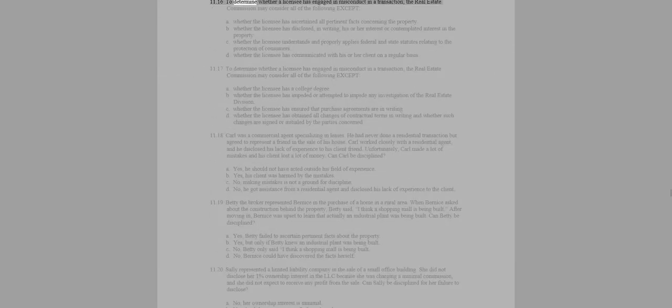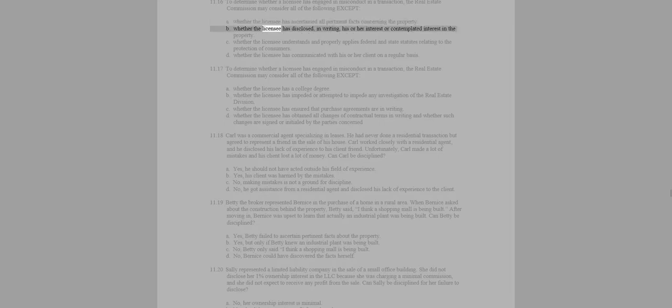11.16 To determine whether a licensee has engaged in misconduct in a transaction, the Real Estate Commission may consider all of the following except: A. Whether the licensee has ascertained all pertinent facts concerning the property.